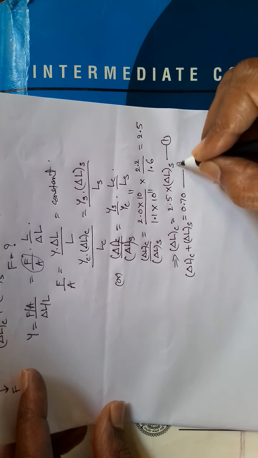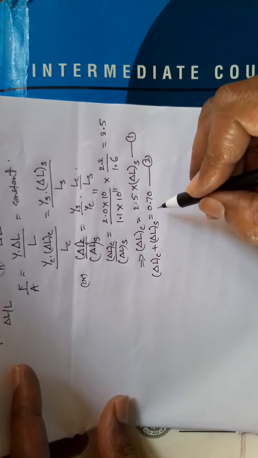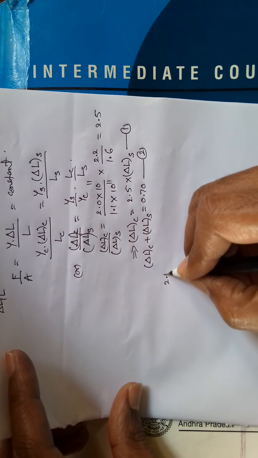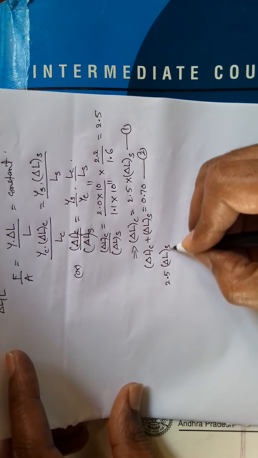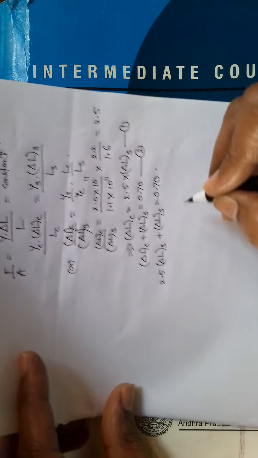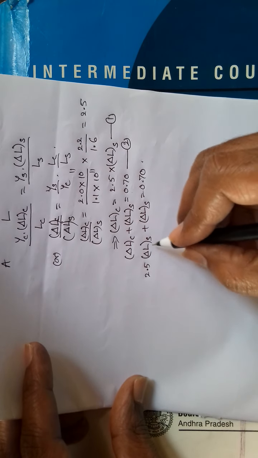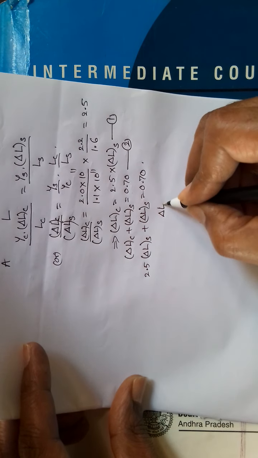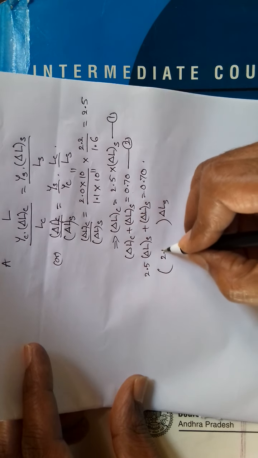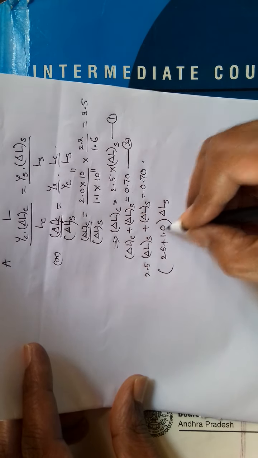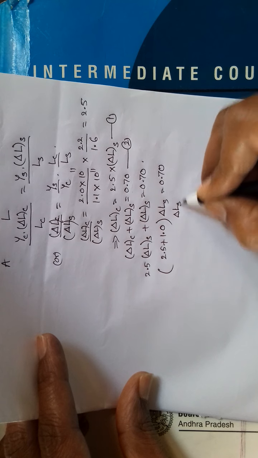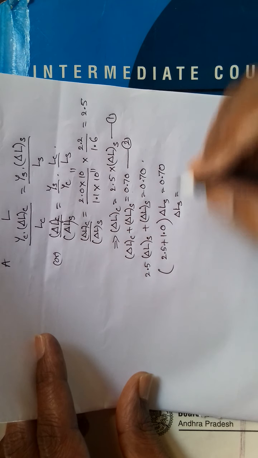So this is the second equation. In the second equation, let us substitute this first one. Delta Ls take common. Here 2.5, here 1.0. This becomes 3.5.